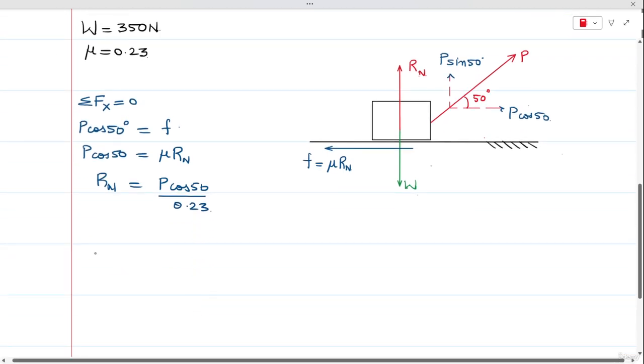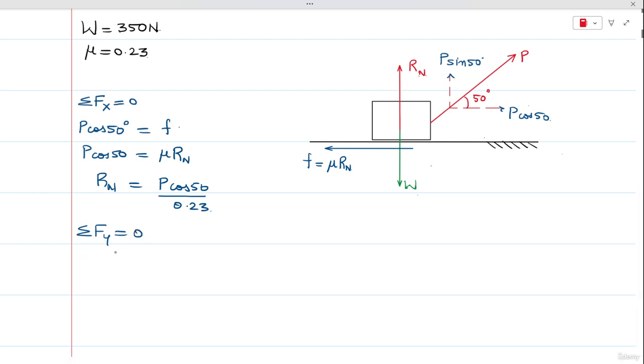Now we need to consider the equilibrium of forces in the y direction, that is sigma Fy is equal to 0, that is Rn plus P sine 50 is equal to W. Summation of upward forces is equal to downward forces.